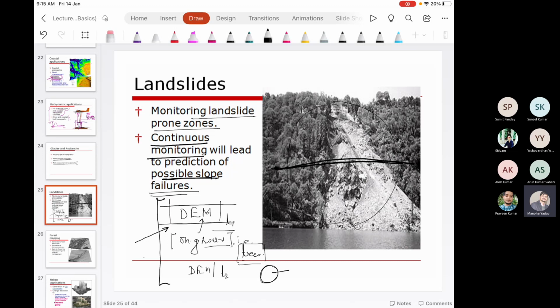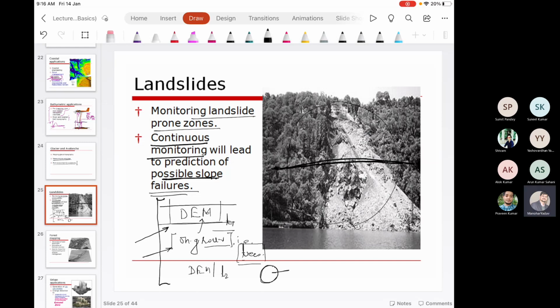And why LiDAR is the tool that we prefer for landslide mapping: we have already seen that it can penetrate through the canopy and reach the ground, unlike other image acquisition techniques, where we get only the pixel information of tree cover, which can't give ground information under the trees.